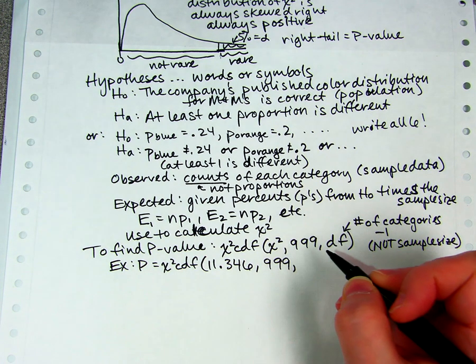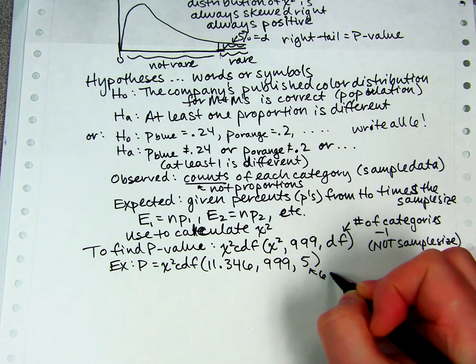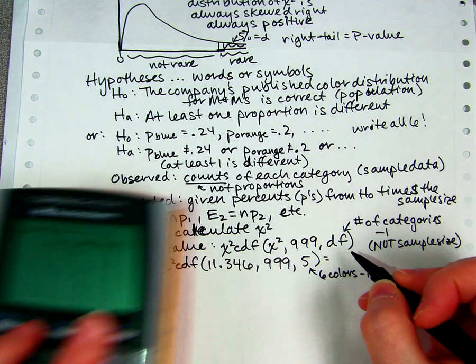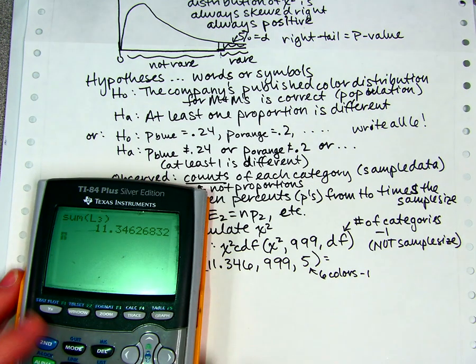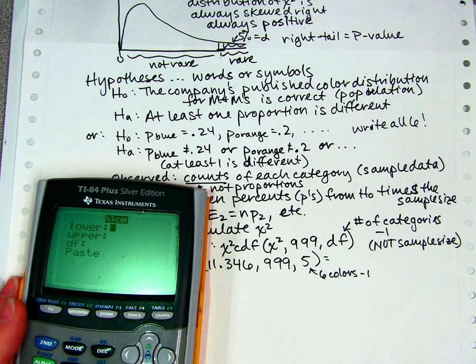There were 6 colors, and so I'm using 5 for my DF, 6 colors minus 1. And if I do that, chi-square CDF is in the same menu, second bars, that you're used to finding the CDFs, and it's down there at number 8. And I would do the answer that I just got, and 999 and 5.